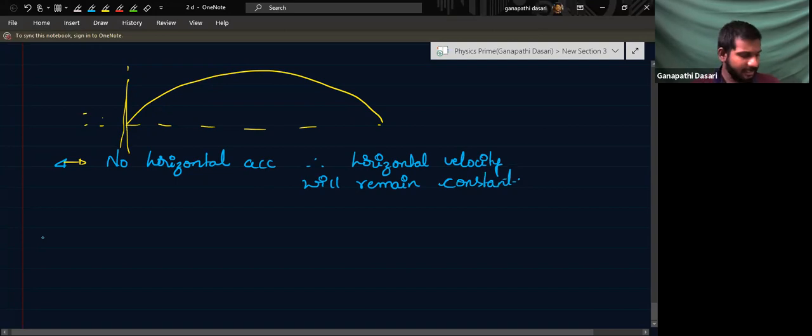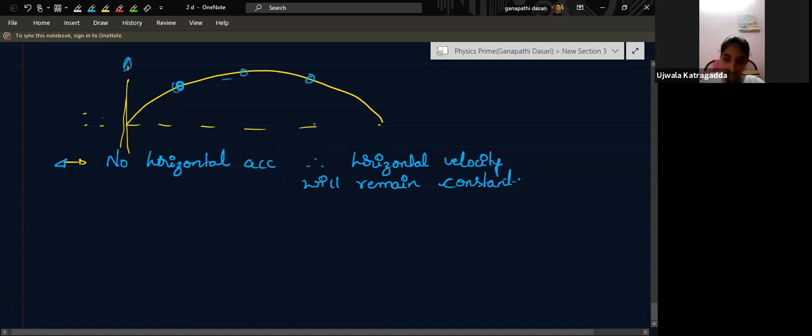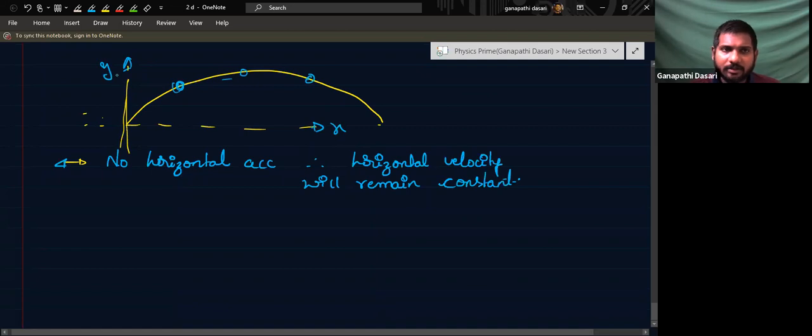The next critical point is how to write the velocity vector for this projectile. Whatever the point where the ball is, this point or this point or this point, how do we write the velocity vector? The velocity vector is equal to Vx i cap plus Vy j cap: horizontal velocity into i cap plus vertical velocity into j cap.